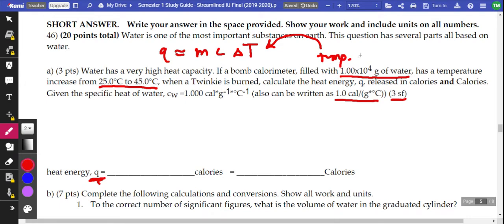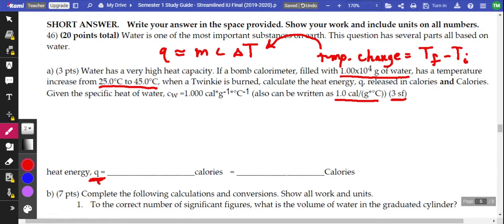That didn't come out very well. Temp change, which is equal to the final temperature minus the initial temperature. That way, if our temperature increases, we get a positive change, and if our new temperature is lower, we end up with a negative number, and so we have a negative change.